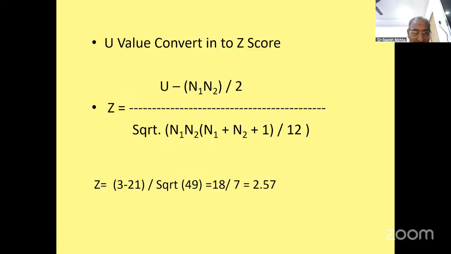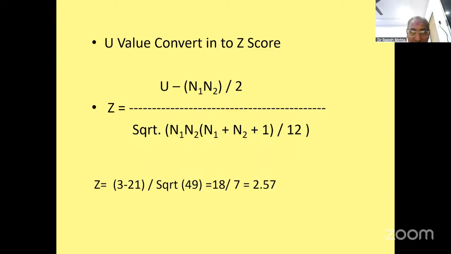If Z is more than 2, for example, then P is the probability of the event occurring by chance. P is less than 0.05, that is 5%, you can say there is a 5% chance that your theory is right.